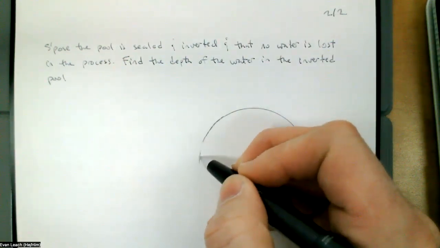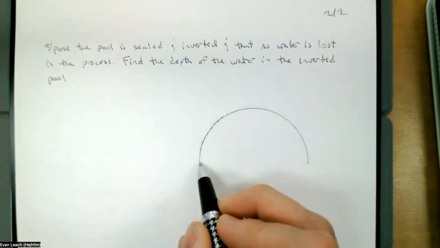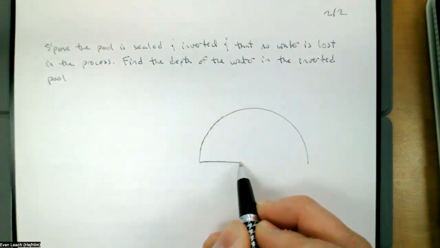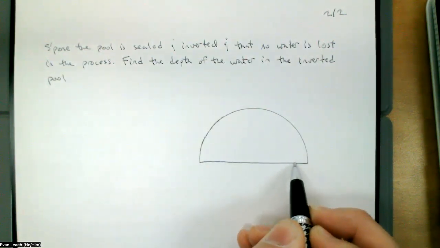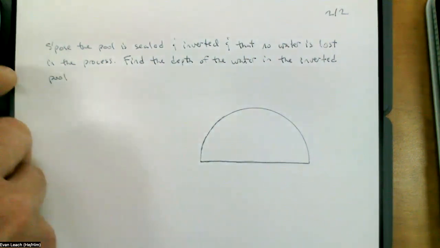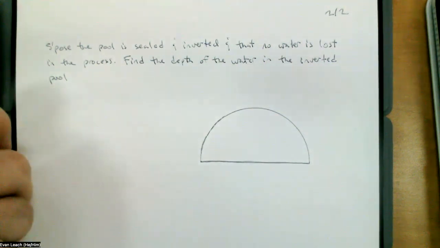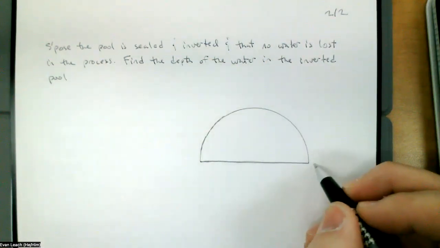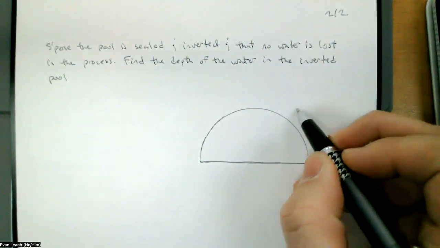So we're still having a hemisphere. The hemisphere is still 12 meters in radius.